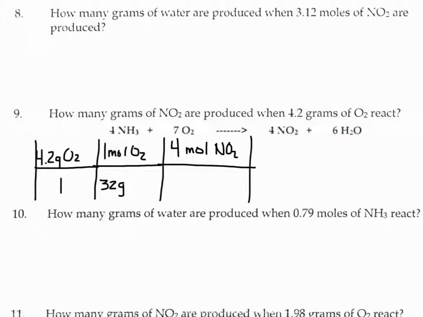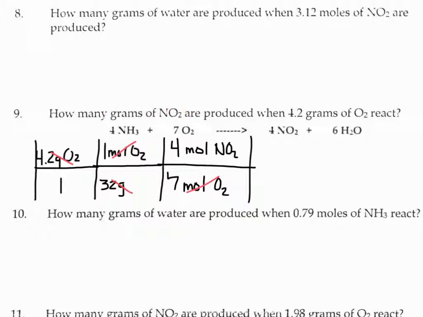And that goes over what we have. Now we have O2. So we look here to O2 and we see the 7. So then it's 7 mole O2. Now if we were to stop here, our final answer, if we check our canceling, moles O2 cancels, would be moles of NO2. But remember, our question wants grams of NO2.